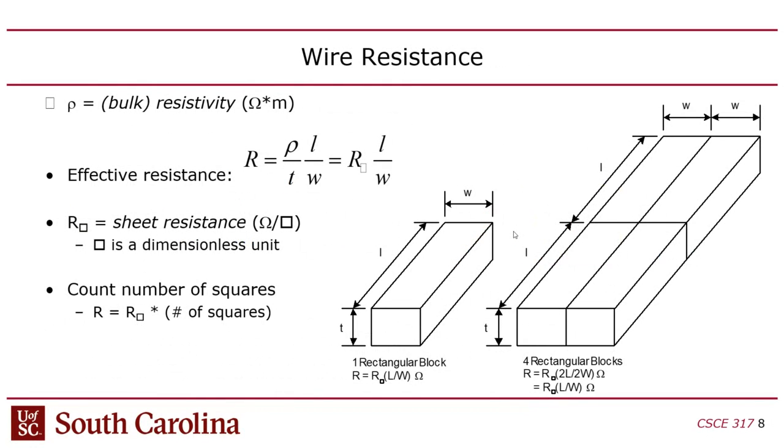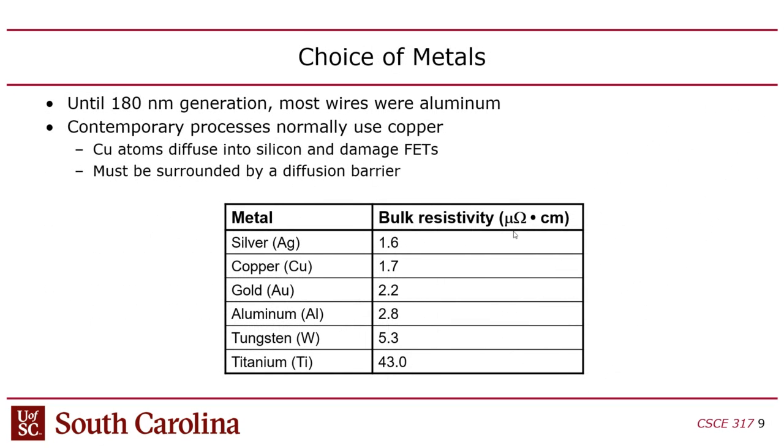so wires are metal. What kind of metal? Well, originally they were aluminum, but starting about, I don't know when it was actually, 10, 20 years ago, they switched to copper. And because copper has better conductivity, as copper has a bulk resistivity of 1.7 ohms per centimeter versus aluminum 2.8.